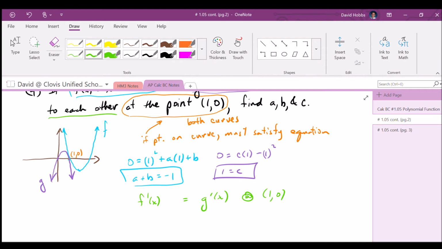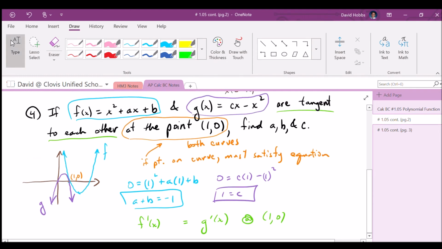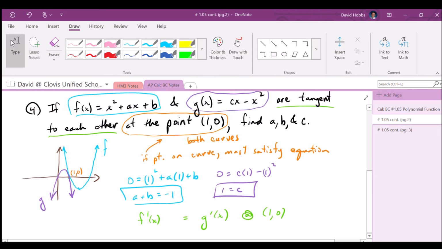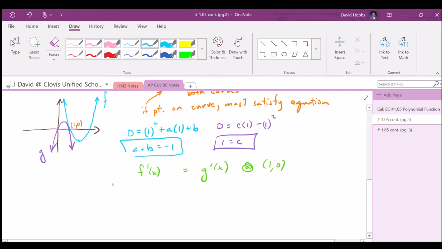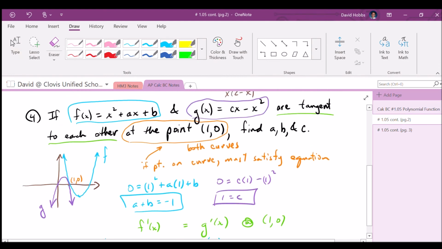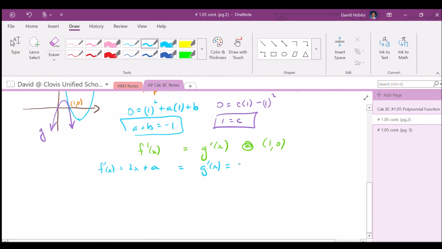So f prime is 2x plus a, and it must be equal to g prime of x, which is c minus 2x.